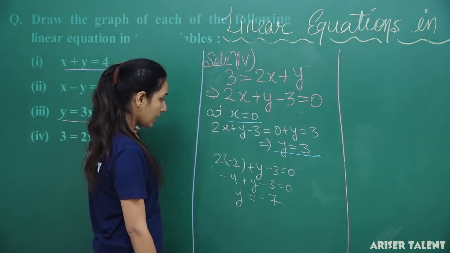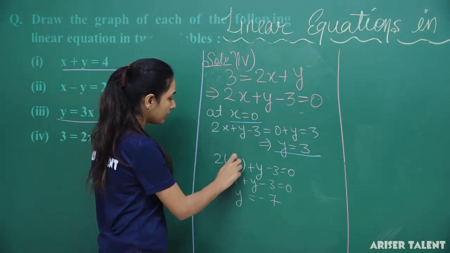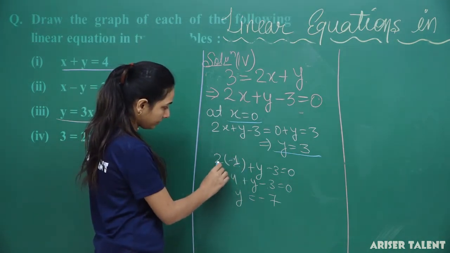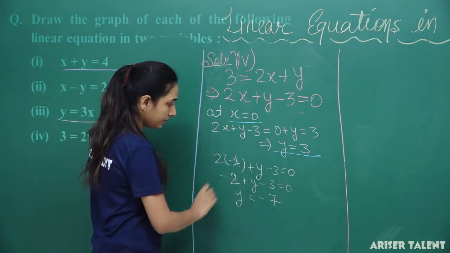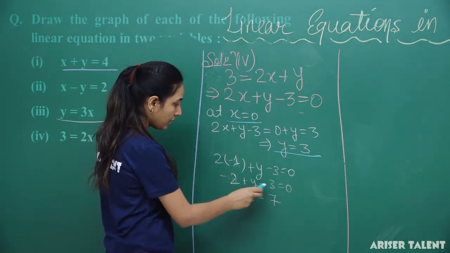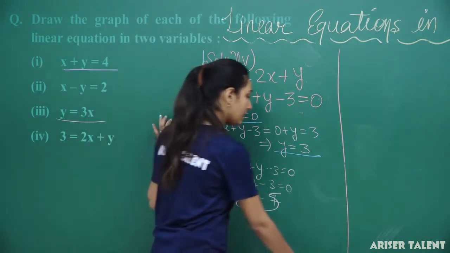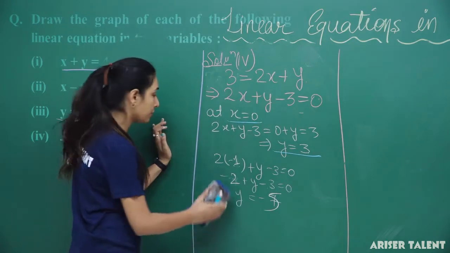Right? Okay. And if I get the value of this as minus 1, we will get the value as minus 2 here and 3 to 5. So minus 5. Okay, we will take the value of x equals minus 1.